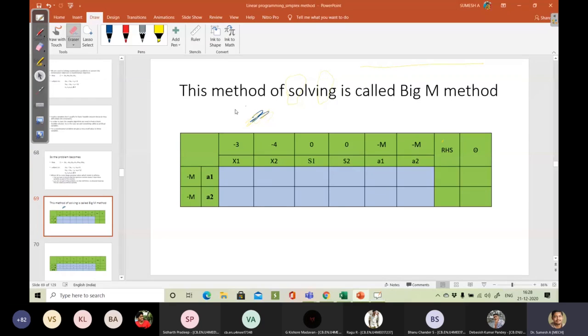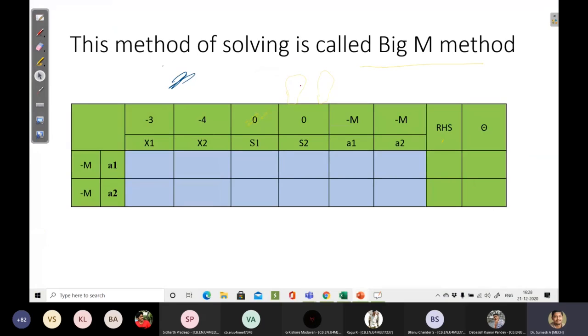Okay, so now the same way I have converted it. The Cj values are written here, so your objective function is written here. Your constraint coefficients will be written over here.